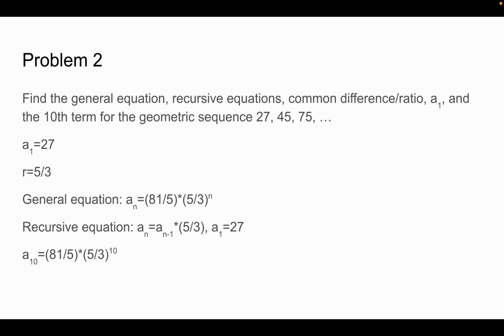For this one, you're going to need a calculator, and it says that the answer is this big number, 1,953,125 over 729, or you can say it in decimal form. It doesn't really matter, since that's not the important part. But now we have everything we need for problem 2.